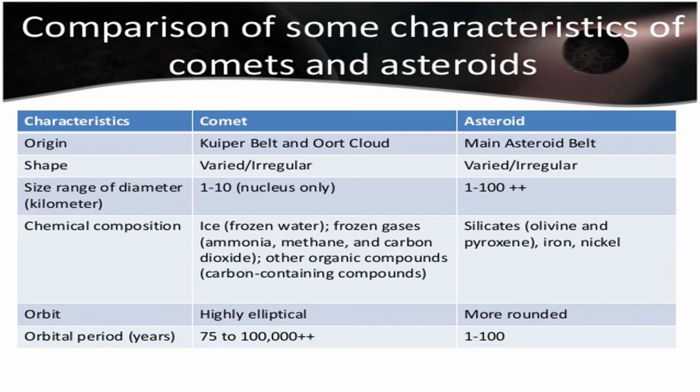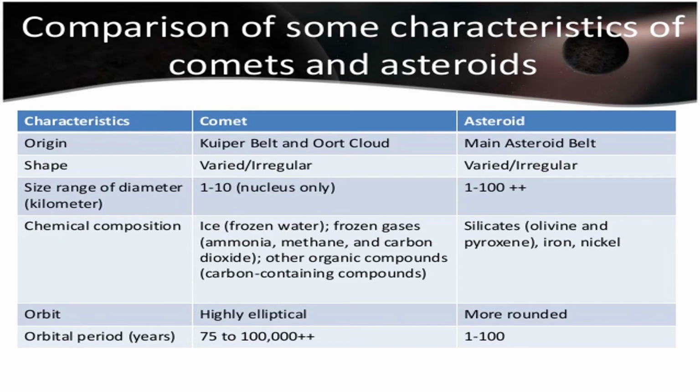For the comet, the origin is the Kuiper belt and the Oort cloud, while asteroids come from the main asteroid belt. For shape, the comet varies and is irregular, same with the asteroid. For the size range of diameter, the comet is 1 to 10, which is the size of the nucleus only, and the asteroid is much larger than the comet.